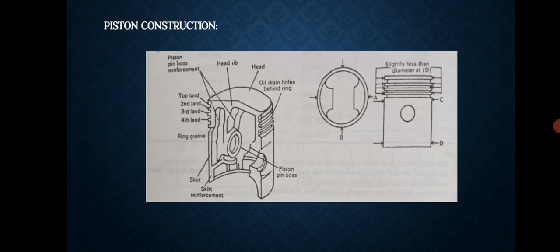Piston construction. The main parts of the piston are the piston head, skirt, ring groove and lands. The head of the piston is the top surface where the combustible gases exert pressure. The piston head may be flat, concave or irregular.